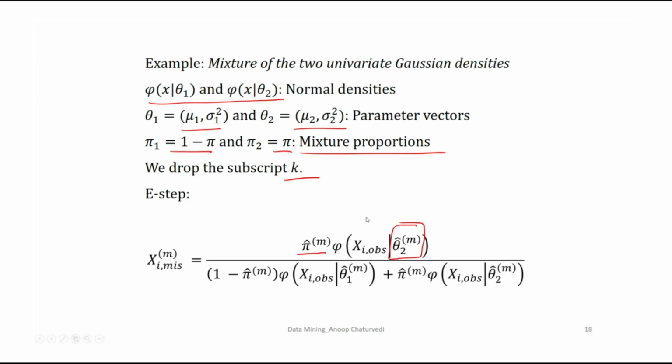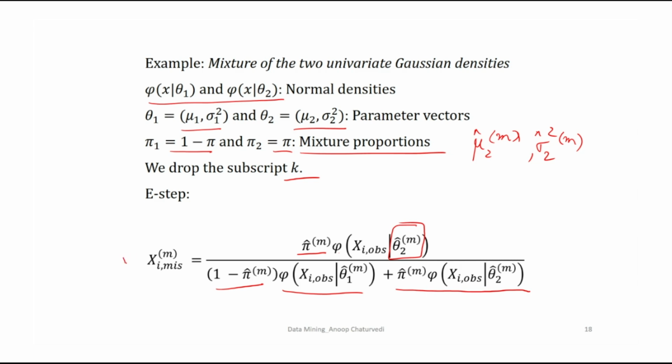Theta_2 hat m means mu_2 hat m, sigma_2 hat square m, divided by (1 minus pi hat m) phi(x_i observed given theta_1 hat m) plus pi hat m phi(x_i observed given theta_2 hat m).